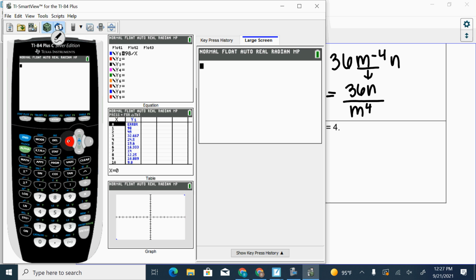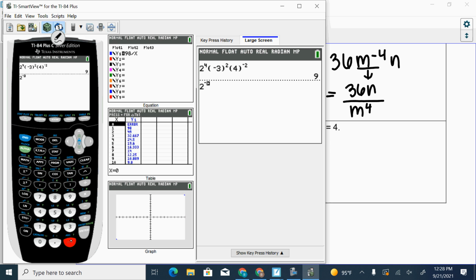Oh, thank you. There it goes. Gosh, it's not taking when I type. 2, negative, did it take it?